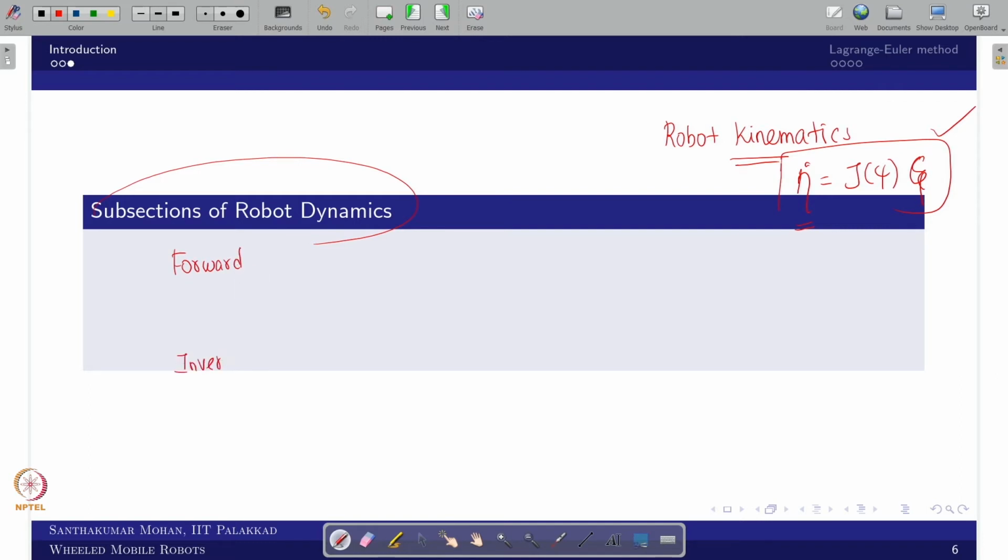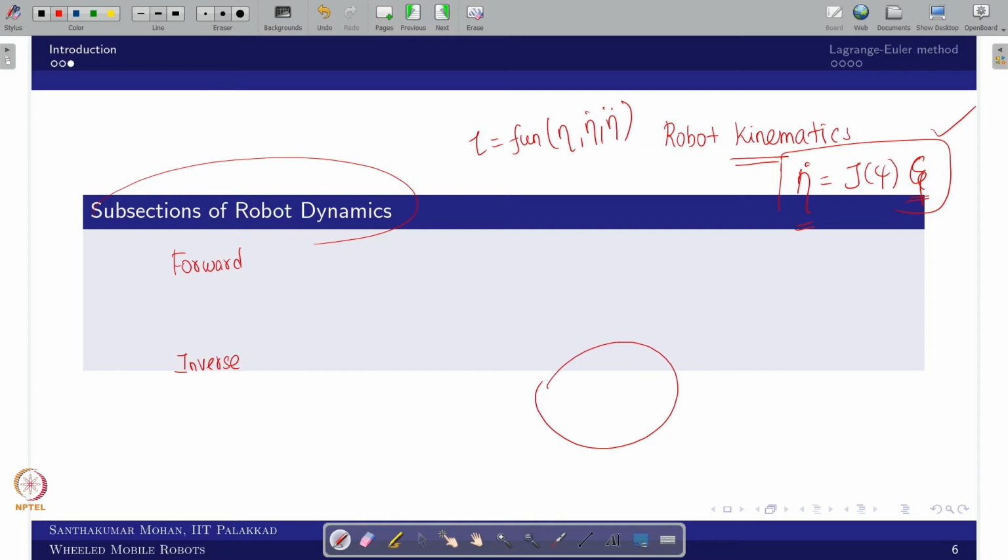By looking at the equation itself, you can see what we have written: eta, eta dot and eta double dot, right. But now looking at the right hand side, we have given an input, and based on that you have taken forward and inverse, but here it is not like that.